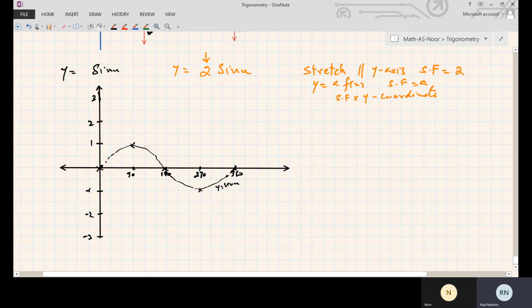The y coordinate at this point is 1; when you multiply it by the stretch factor, you get the new point. This one stays the same, and minus 1 moves to minus 2. When you apply the stretch to the function, you observe this result.